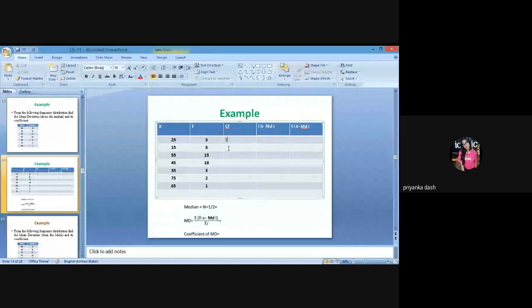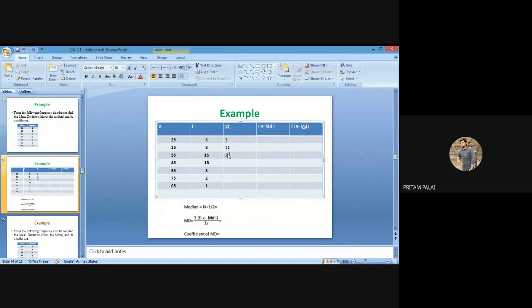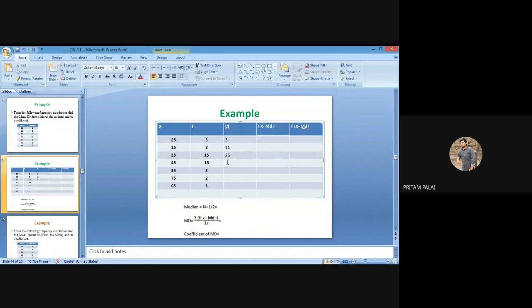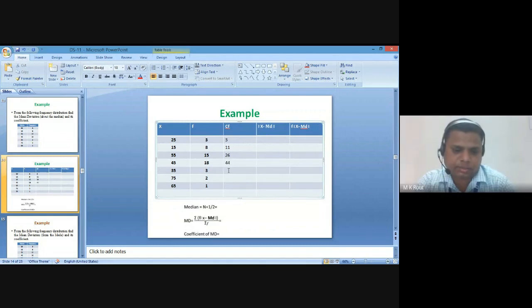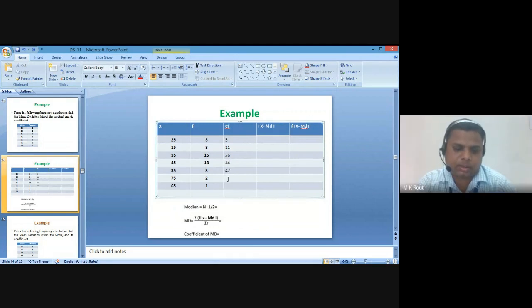Then 3 plus 8, 11. 11 plus 15, 26. 26 plus 18, 44. 44 plus 3, 47. The next one is 49, and the last one is 50.